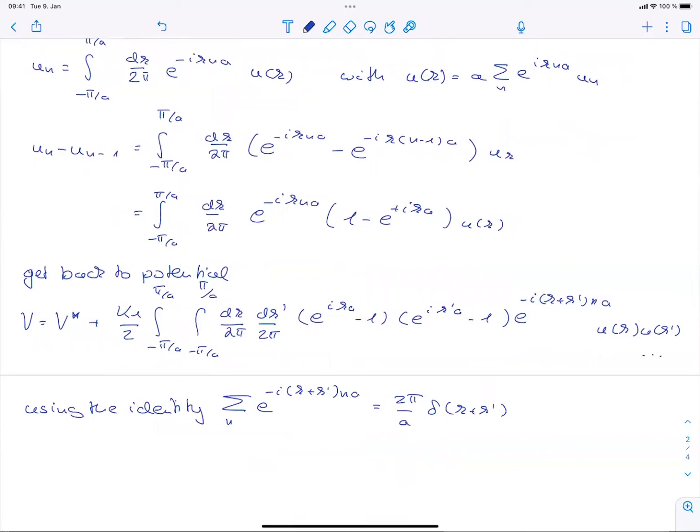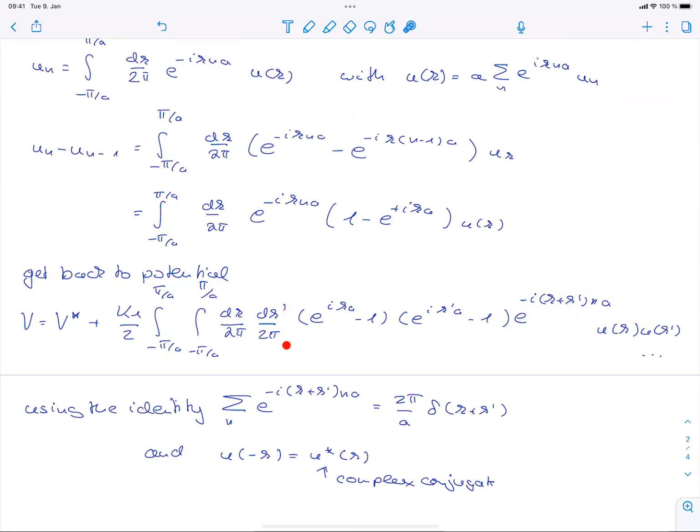But then I can also use that I have a u of minus k, which is actually the same as taking the complex conjugate of u k, because of this definition, right? It's a minus, that's the complex conjugate. That's how it comes in. Okay, so this is how we can deal with this term.